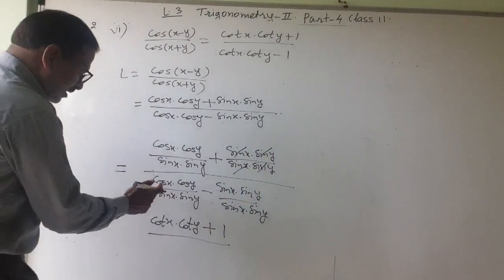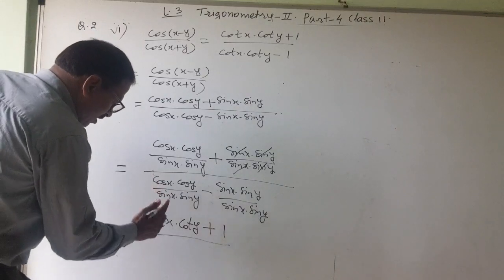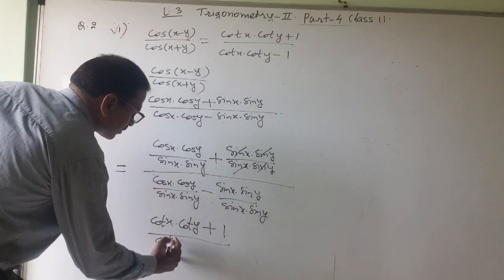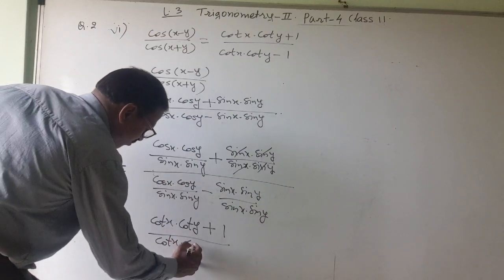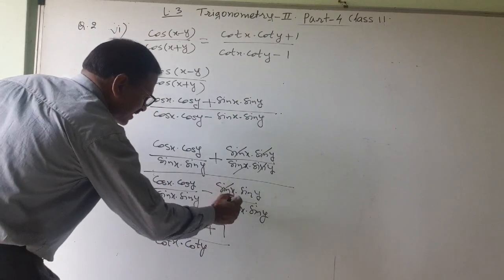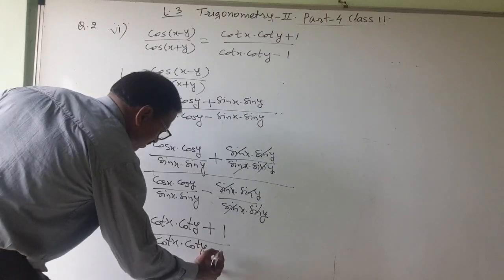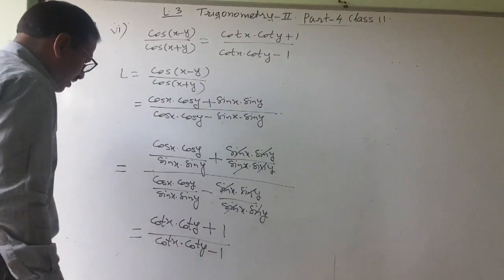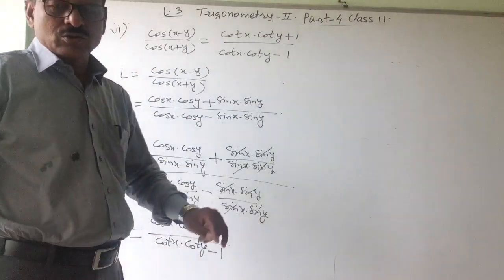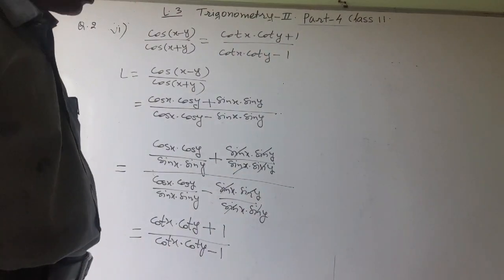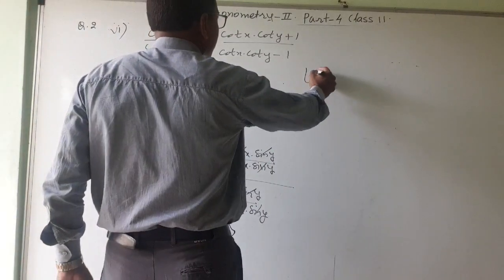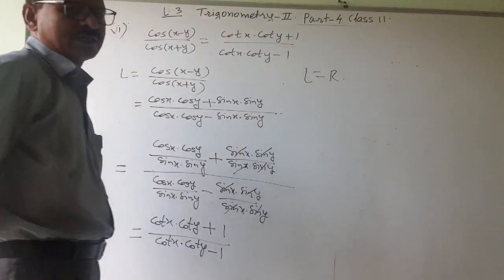Now this cos x upon sin x, cot x, cos y upon sin y, cot y, and this cancels, so minus 1. Somebody will say everything cuts and remains 0. No, it is division, 1 by 1, like that. So last step, LHS equal to RHS.